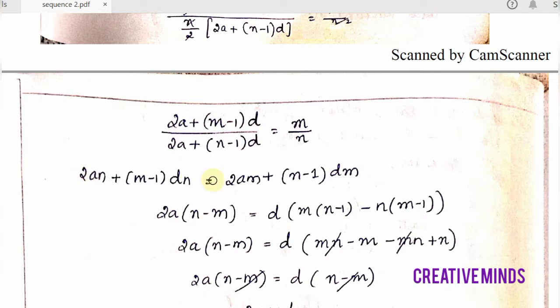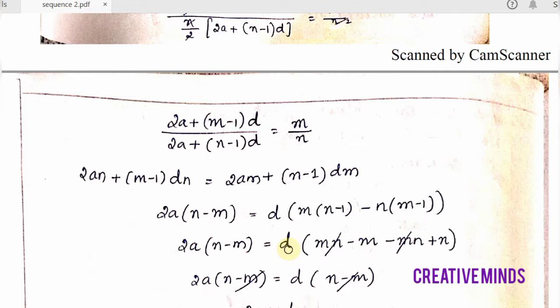Here 2a is common, so take 2a outside, then we get n minus m. And d is common, so take d outside, then we get m into n minus 1 minus n into m minus 1.